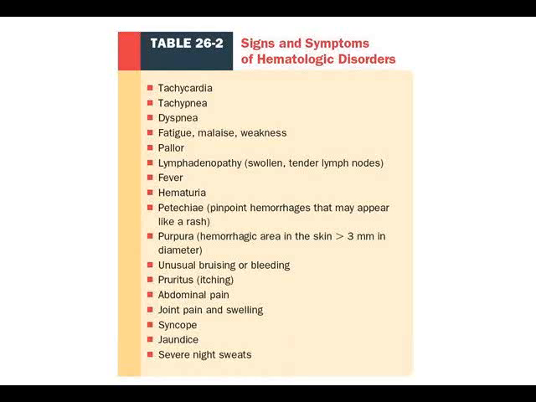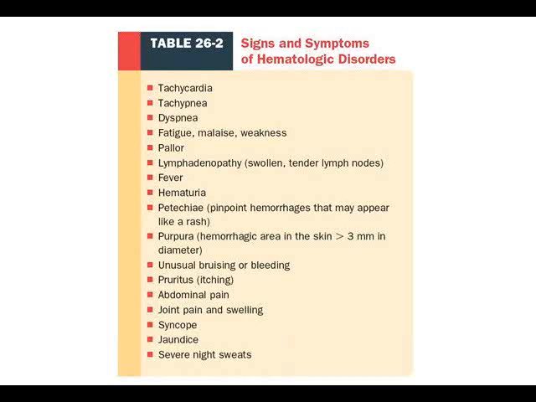Pallor, pale skin color, that should be obvious. Lymphadenopathy, so the swollen tender lymph nodes, usually up around your neck, underneath your ears, and then in your armpits, and in your groin are the most common places that they'll look for those.